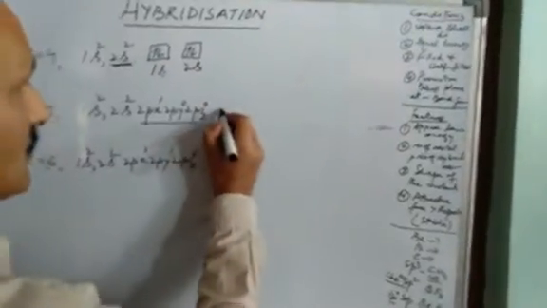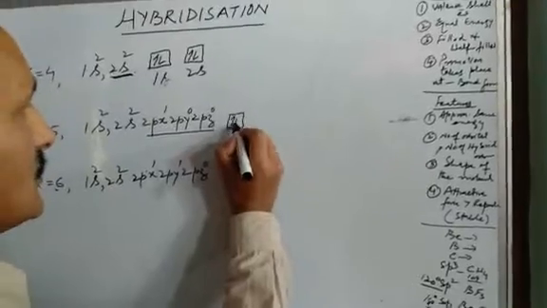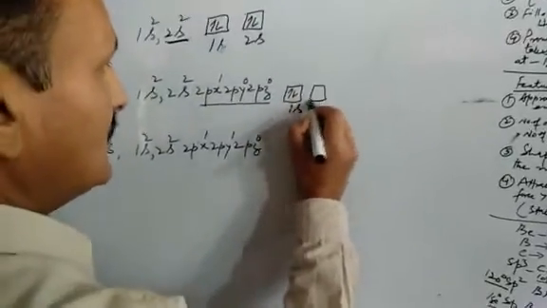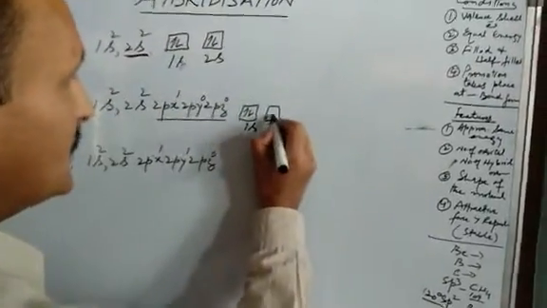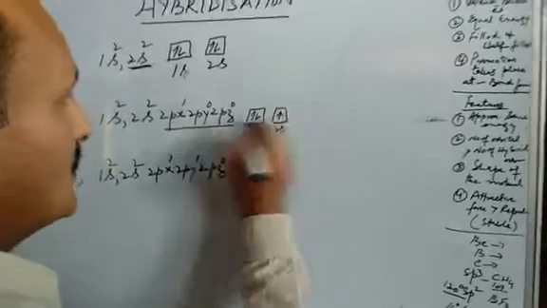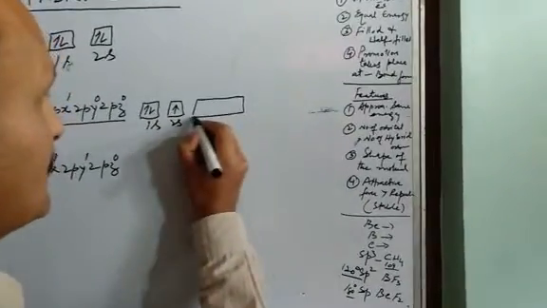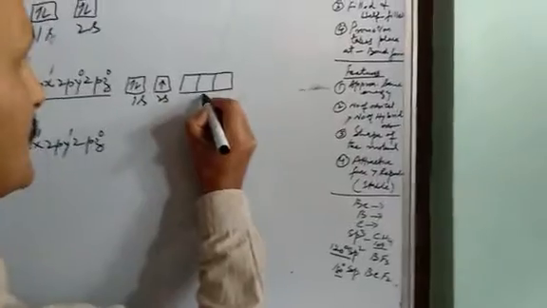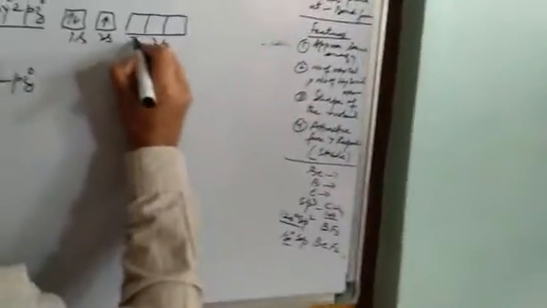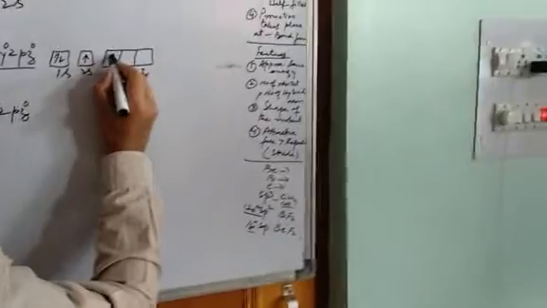Then for boron, 1s orbital, 2 electrons, 2s orbital, 2 electrons. Then 2p has 3 orbitals, x, y, z: 2px1, y nil and z nil.